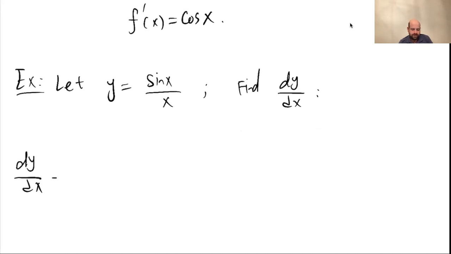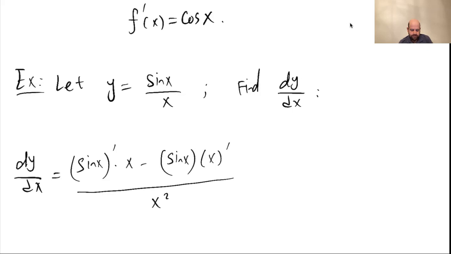We have to also use this fact. So derivative of quotient of sine x and x, according to the quotient rule, can be written as, u prime v minus u v prime, so derivative of sine x times x minus sine x times derivative of x, divided by x squared.